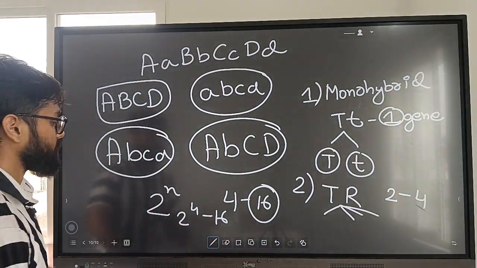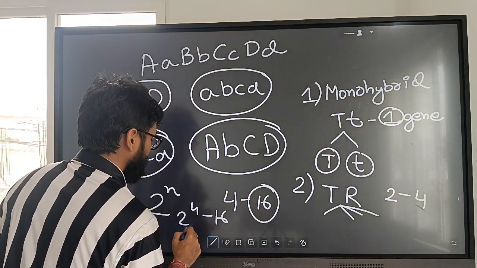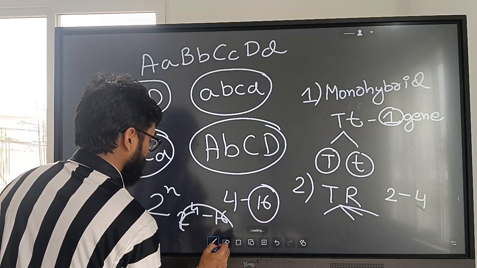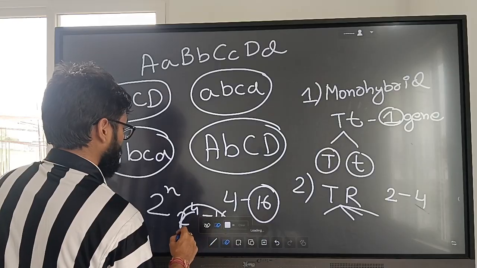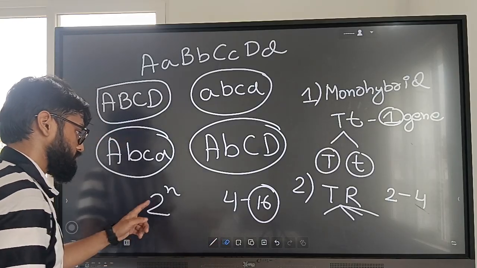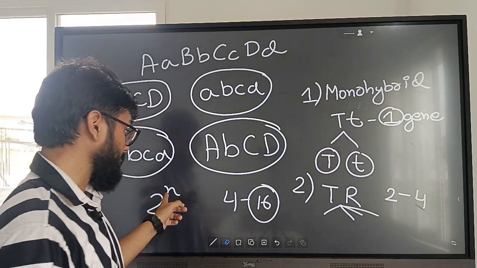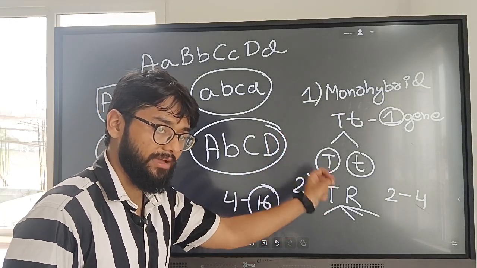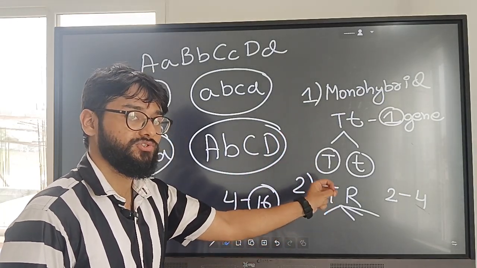This formula will help you to figure out how many gametes you require. 2 to the power n simply represents, and n simply represents how many different types of genes you have.